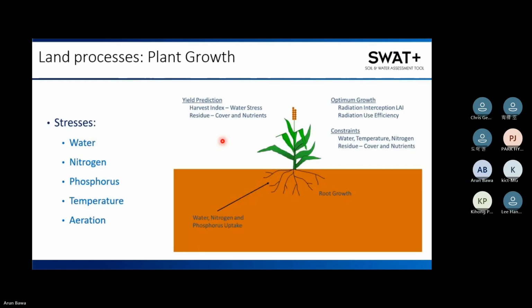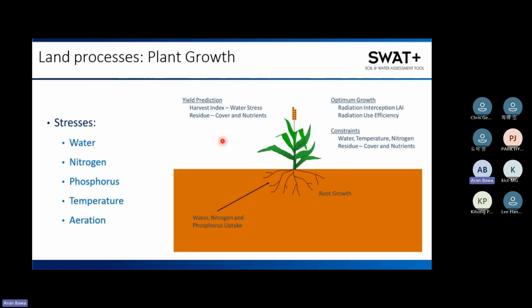And after calculating these stresses, it controls the growth. I will not go to the optimal growth. I will go to this particular growth only. Like if I could grow 1 gram per day or 1 kg per day, but my stresses are 20%, then I will grow only 80%, not the 100% potential.